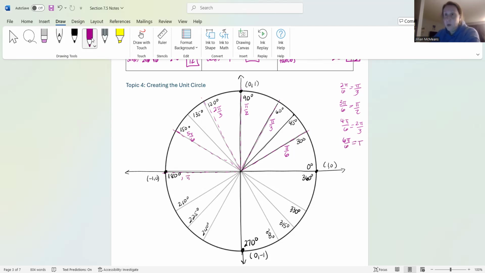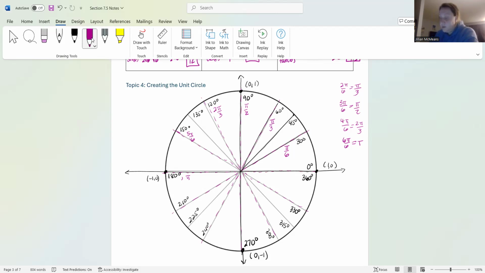Okay? Now we're going to do the exact same thing. We're going to go from pi to 2 pi, splitting it into sixths. So we get a sixth here, here, here, here, and then we're back to the positive x-axis.